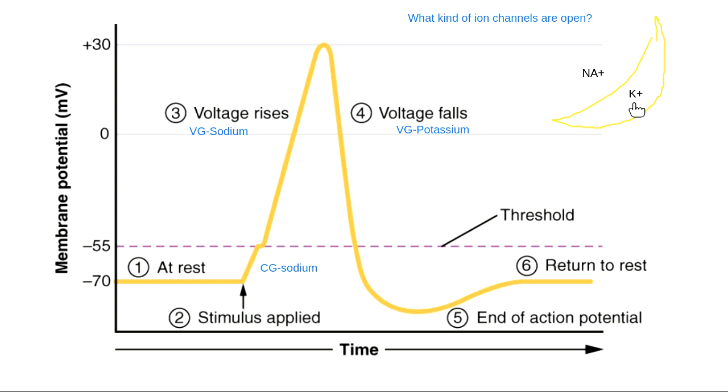Yeah, potassium's going to go out, right? Potassium is always going to leave a cell. It doesn't matter if I use a voltage-gated channel or a chemically gated channel to make it leave the cell. Potassium always leaves. So when I'm looking at this part of the graph, if this was a chemically gated potassium channel, I would be spitting out potassiums, spitting out positives, which would actually make the charge on my membrane go negative.